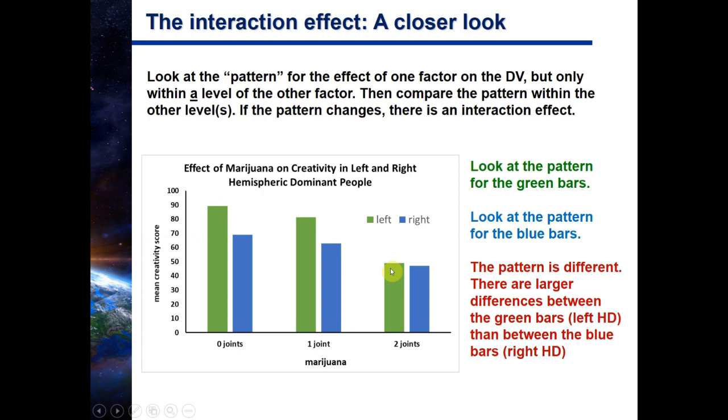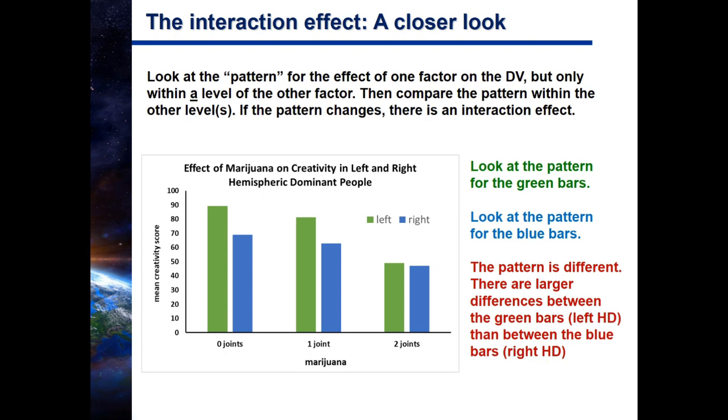That tells us the pattern is different, and therefore there's an interaction. So you look at the pattern for the green bars and identify it, then look at the pattern for the blue bars and identify that. What we discovered is that the differences are larger between the green bars than between the blue bars, and so we can now explain the interaction effect.